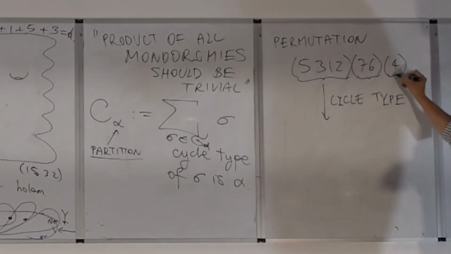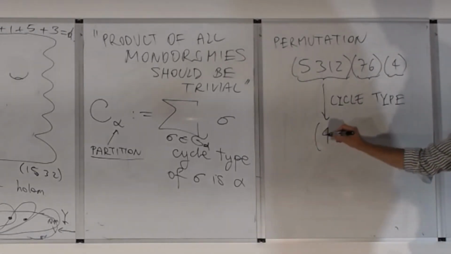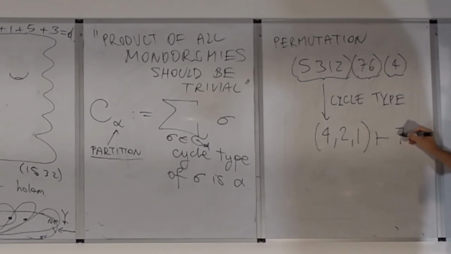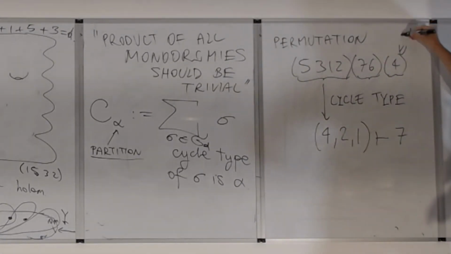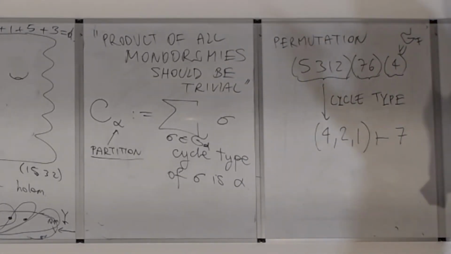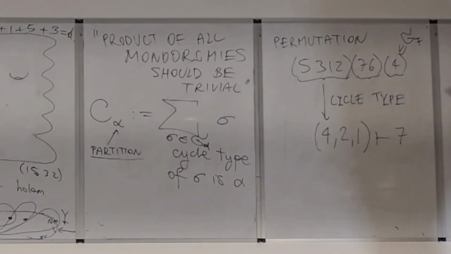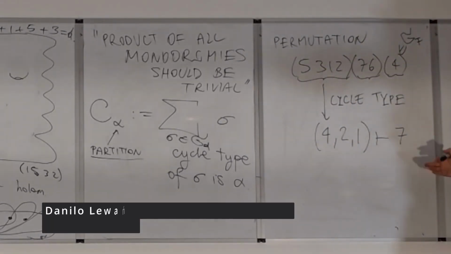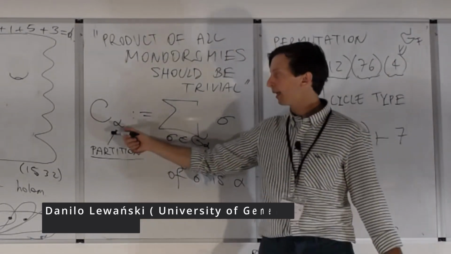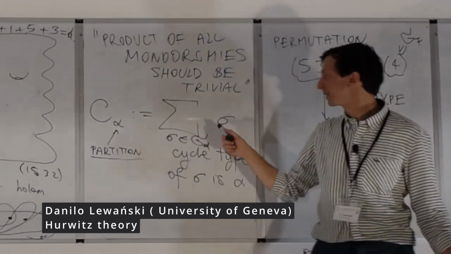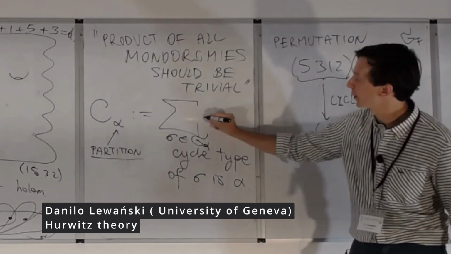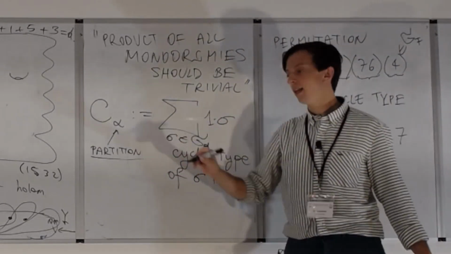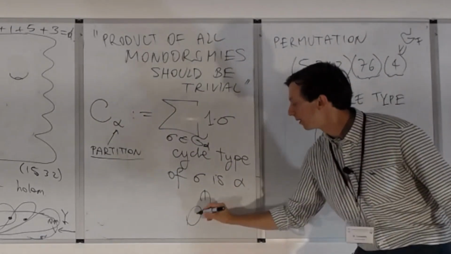So you just take these lengths. This will give the partition 4, 2, 1, which is a partition of 7. And in fact, this lives in S7. So every time you have a permutation, you can associate a partition. And this is the conjugacy class. And now, what I'm doing is exactly that. So C alpha is the formal sum with coefficient 1 of all the sigmas that have the cycle type alpha. And this lives in the group algebra of SD.